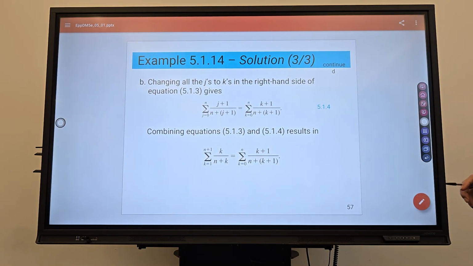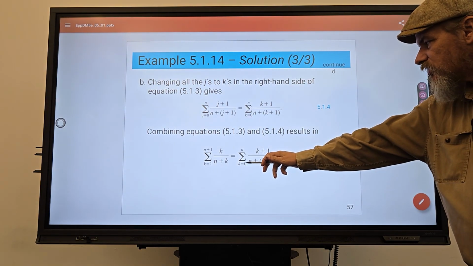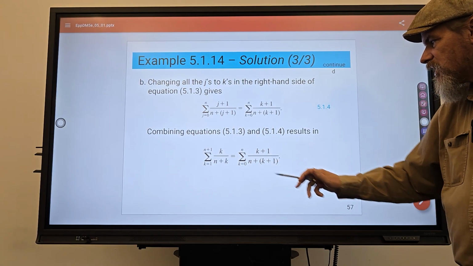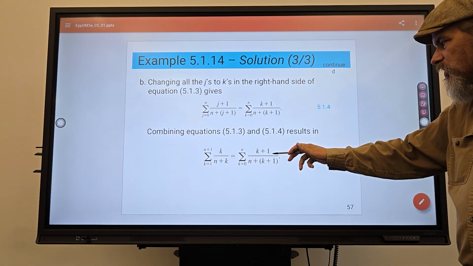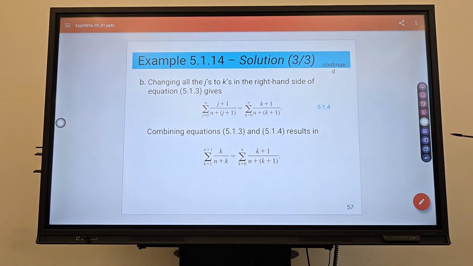And then change all the j's to k's in the right-hand side of the equation. That gives you the summation from k equals 0 to n of k plus 1 over n plus k plus 1.